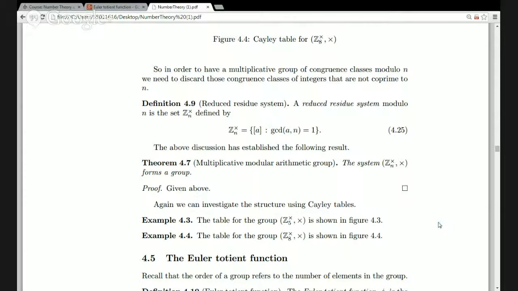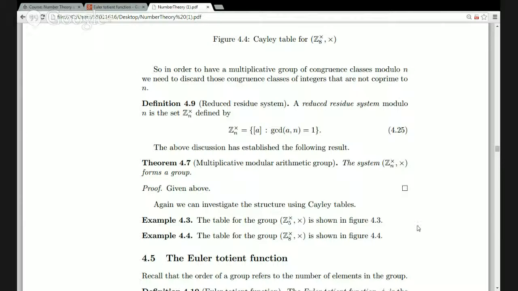This is an object we're going to be studying, because we want to know how the congruence classes behave, how the system of remainders behaves. And we're thinking of a general system Zn, but of course a lot of it will depend on aspects of the number n, aspects of the modulus n that we're looking at.